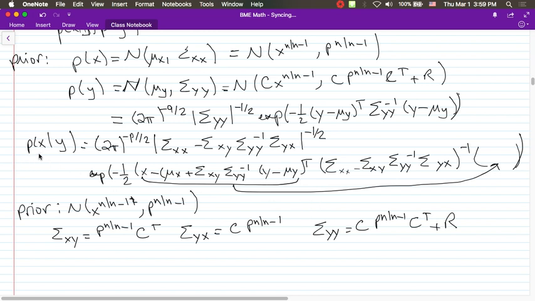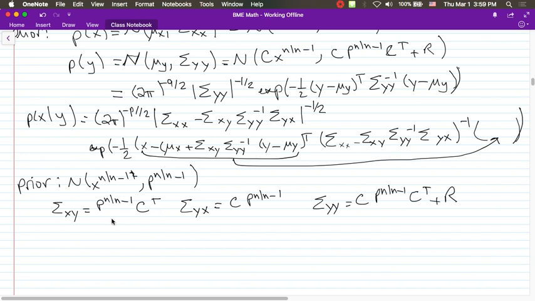So let's write down what this joint distribution is. Now that I have all these variances and all the means, what exactly is this conditional distribution that I've been talking about? My conditional distribution p of x given y is a normal with some mean, the expected value of x given y, and some variance of x given y.